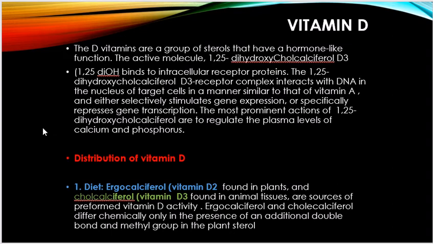Vitamin D refers to a group of sterols that have hormone-like function. The active molecule is 1,25-dihydroxycholecalciferol, also known as vitamin D3. The 1,25-dihydroxycholecalciferol binds to intracellular receptor proteins.